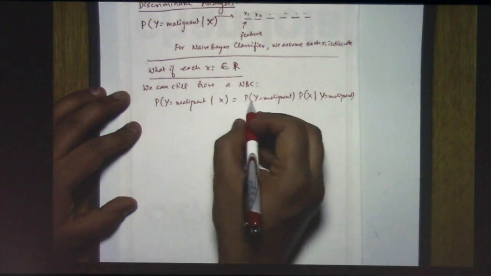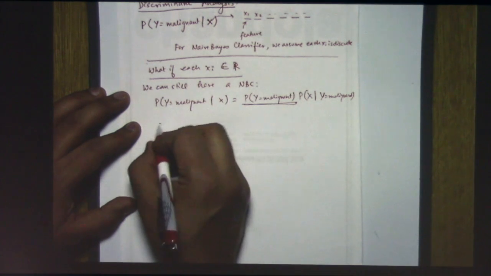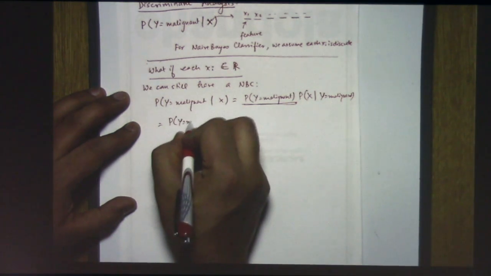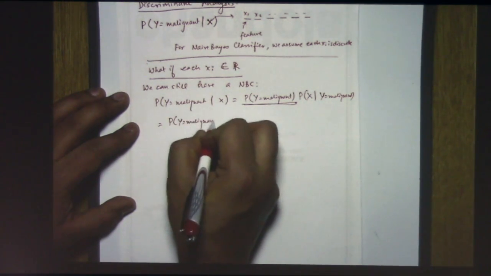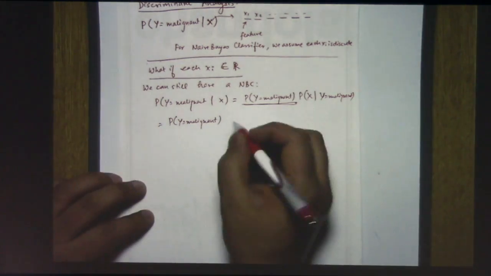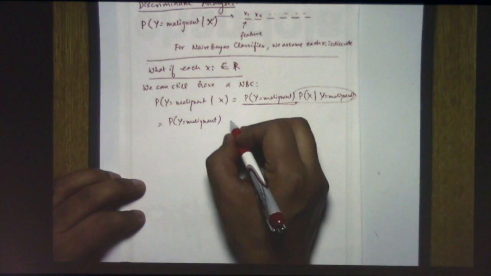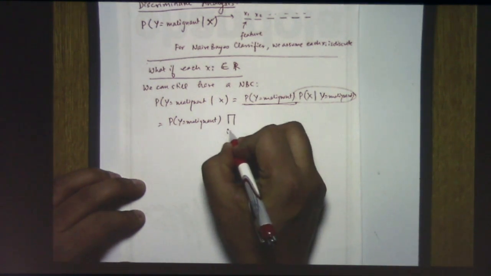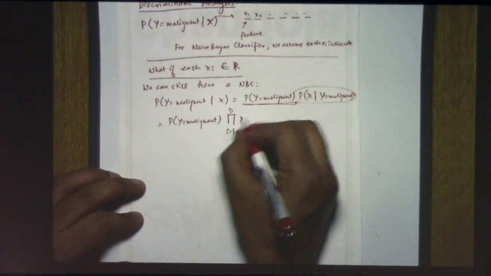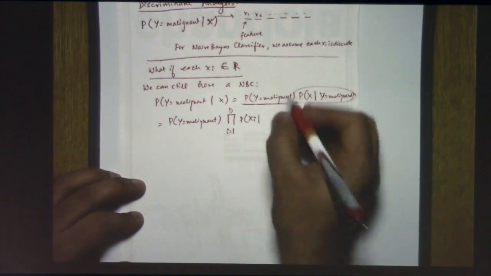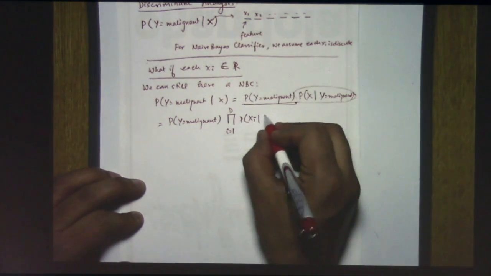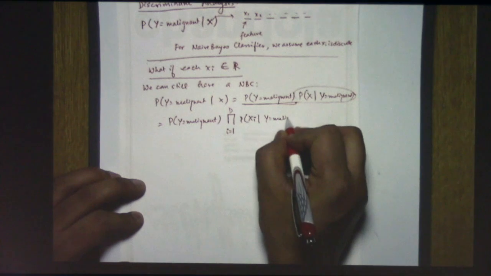This prior is one quantity that we can compute by just looking at how many labels there are of each class in the training data. But this other part we simplify. We say this is a product, i equal to 1 to d, of the probability of each xi, each one of these components, given y is malignant.